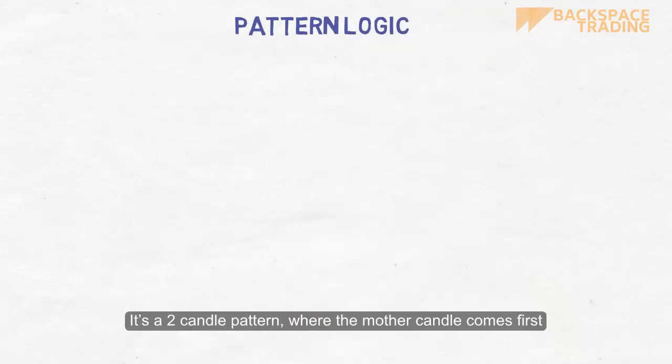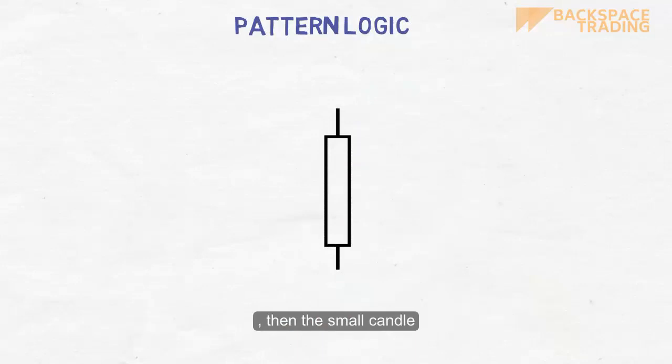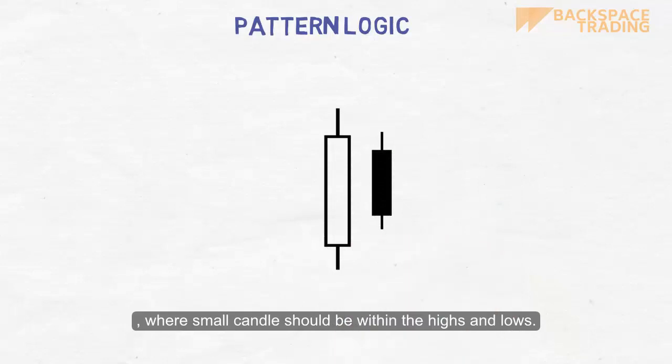It's a 2 candle pattern, okay, where the mother candle comes first, then the small candle, where the small candle should be within the highs and lows of the mother candle.